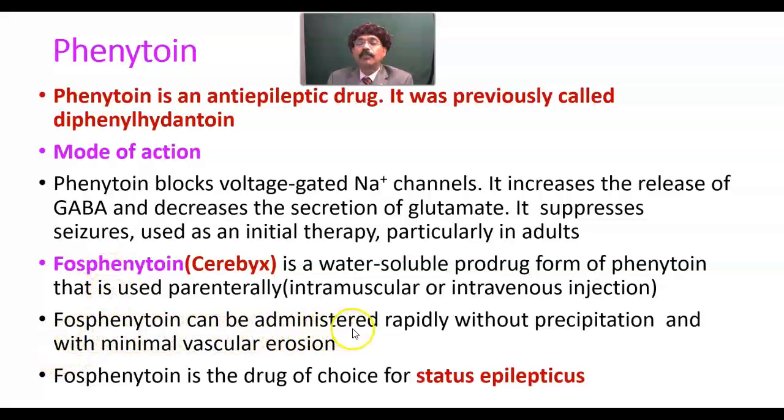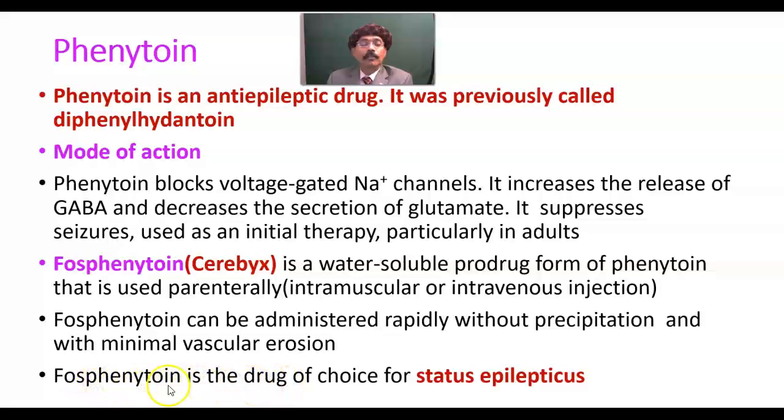Fosphenytoin can be administered rapidly without precipitation, as happens with phenytoin during intramuscular injection, and with minimal vascular erosion. Sodium phenytoin may cause vascular erosion, but fosphenytoin will cause very minimal vascular erosion.